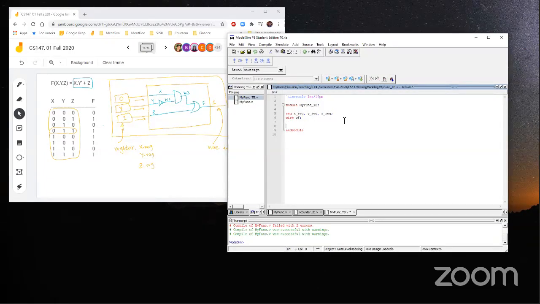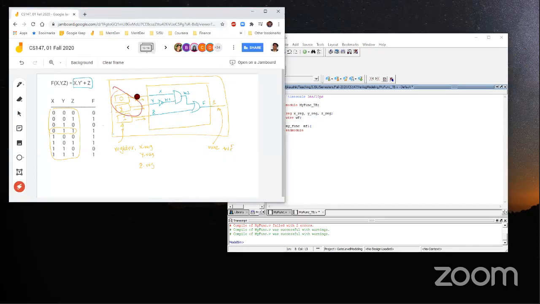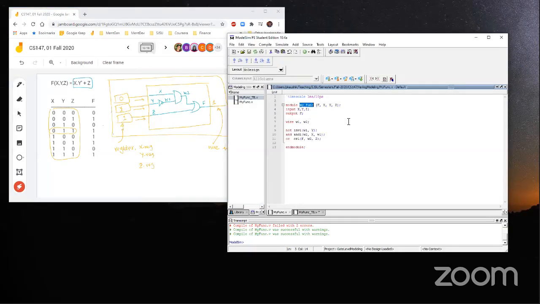Then we instantiate this block. Let's take out this block, myfunc. So myfunc, let's say instance name is mf1. Then we connect these registers to the port, right? Port name is X, Y, Z, etc. So what we can do, we can explicitly name them.